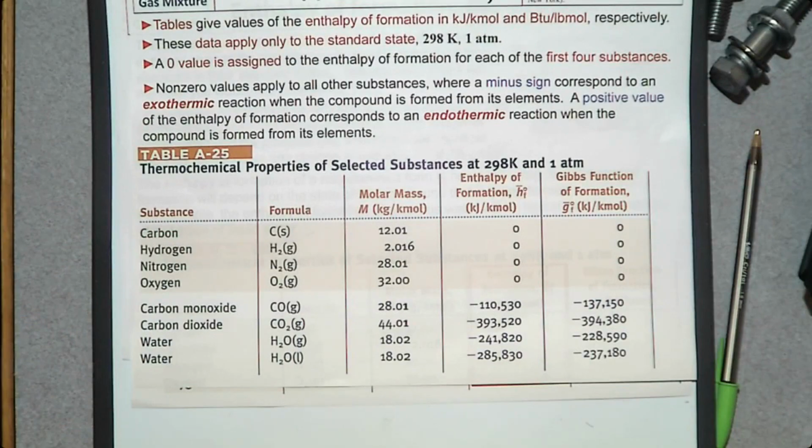What about other than these 4? Carbon monoxide, the enthalpy of formation is this number. Carbon dioxide, the enthalpy of formation is this number. Water, this number. There are 2 waters. One is gas phase, which is water vapor. The other water is liquid water. So this one is liquid water, you see L here. This one is water vapor, you see G here. So depending on the phase, we have a different enthalpy of formation.